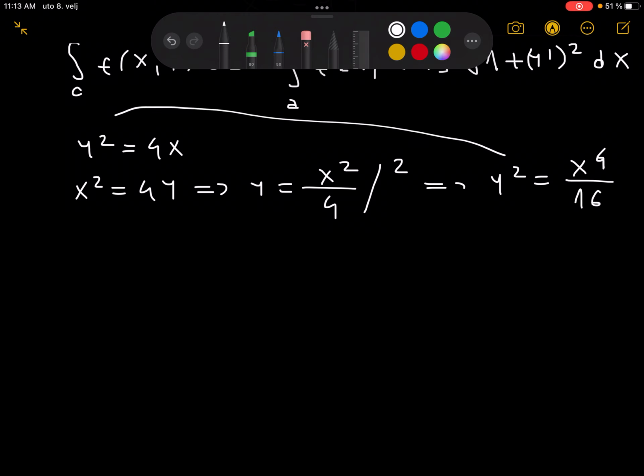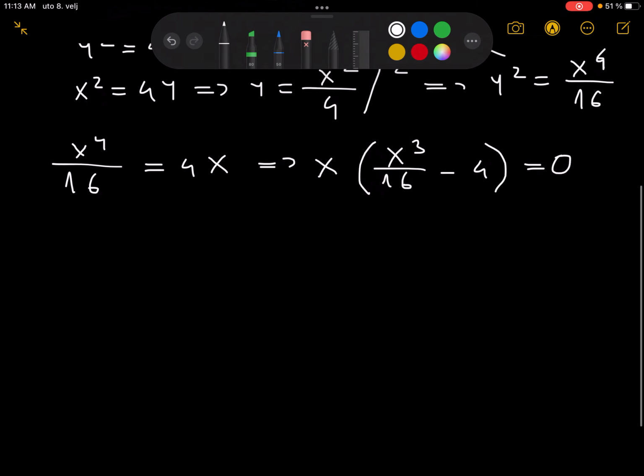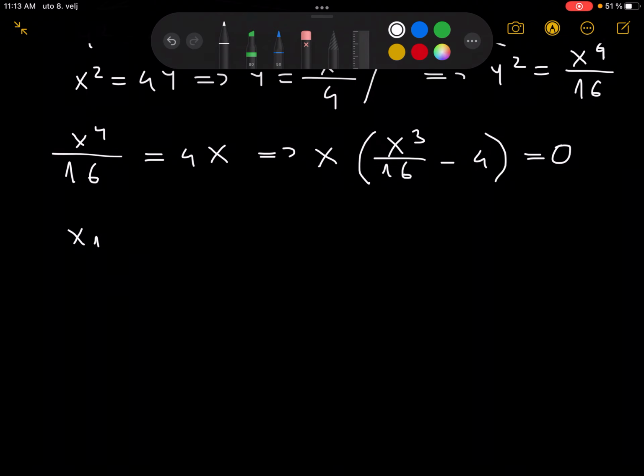So when we plug that into our first equation, we get that x to the 4th power over 16 is equal to 4x, or x times (x to the 3rd power over 16 minus 4) is equal to 0. So from here it's clear that x1 is equal to 0.